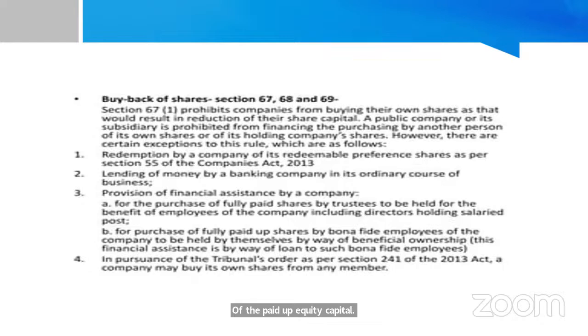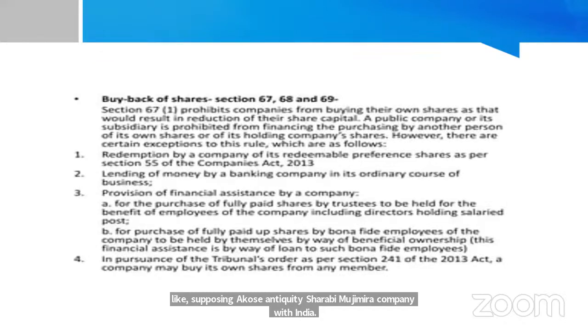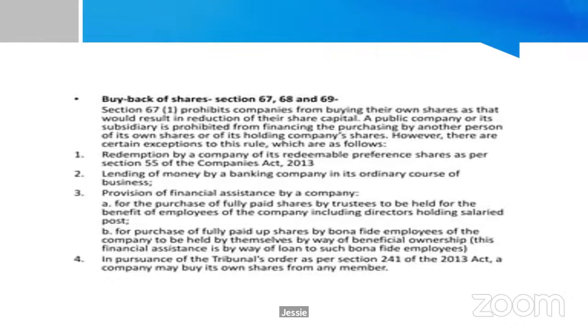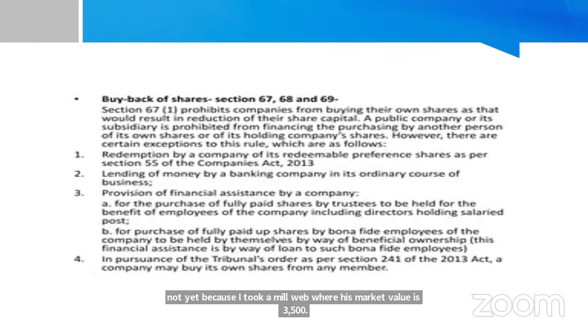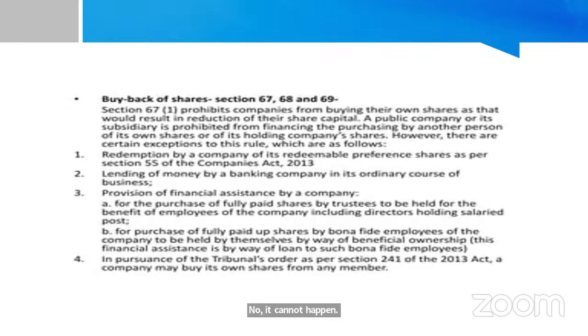And there are other things like lock-in period. Supposing the company has given me sweat equity shares, and I go and sell them in the market because I got them at 8 rupees, whereas the market value is 3,500. No, it cannot happen. Okay, so usually there is a lock-in period or a non-transferable period, that is usually 3 years.